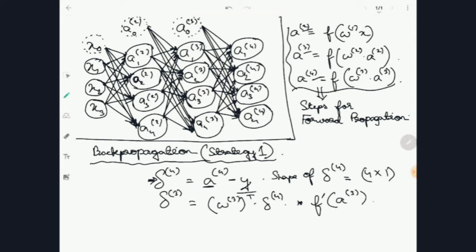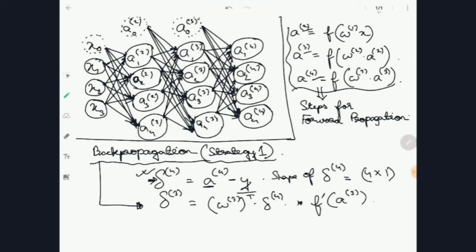Now here strategy 1 actually comes into play, because this step is common for both. There are two strategies. For strategy 1, this step is common. This step can be understood in two different ways, hence the two strategies.